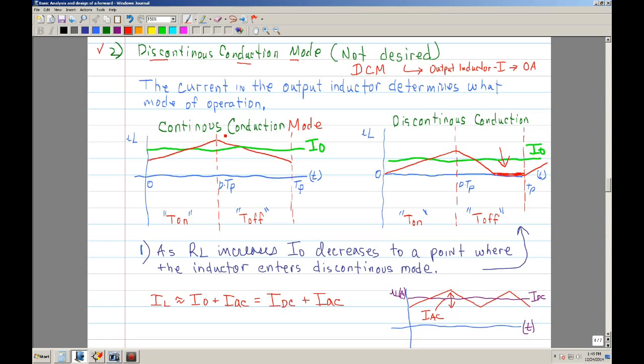It ramps up to a certain peak and ramps down, and it continues this pattern. Now if you take the average, which is this green line, that average is actually your I out. You can call it I average as well.